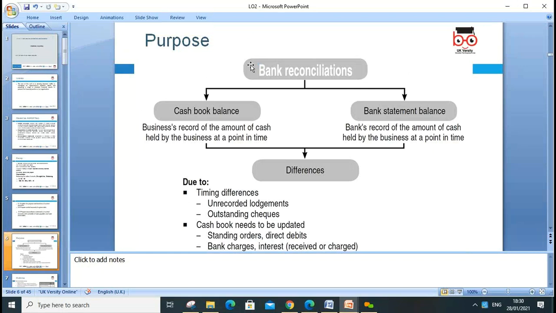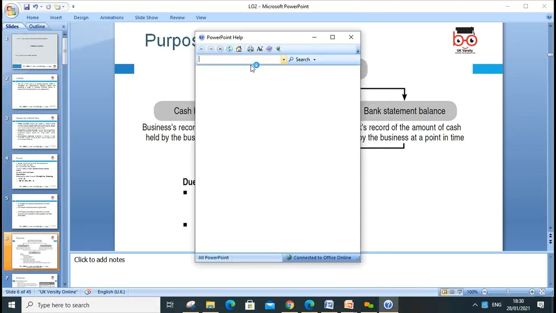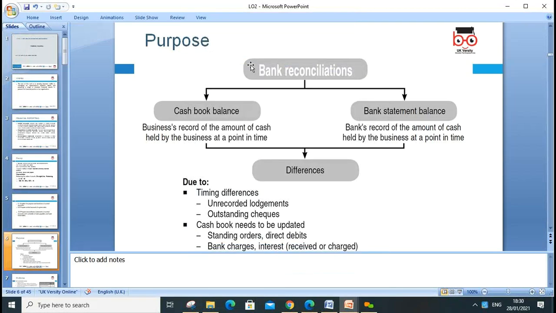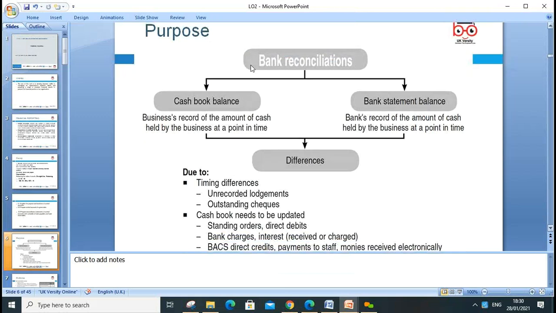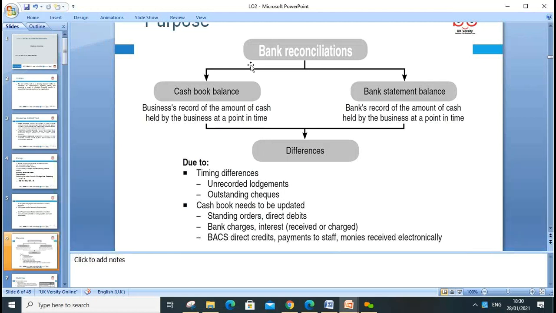Reconciliation means comparing your cash balance and the bank balance. In my record, I'm saying £100 in the bank deposit, but actually the bank balance is different. We can reconcile because sometimes we give a cheque to somebody and they have not presented their cheque.